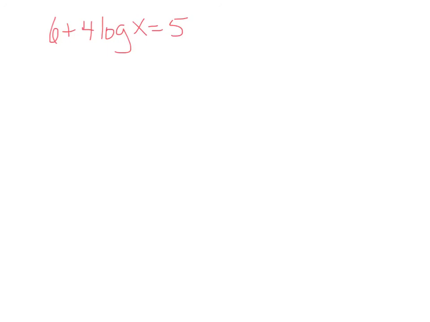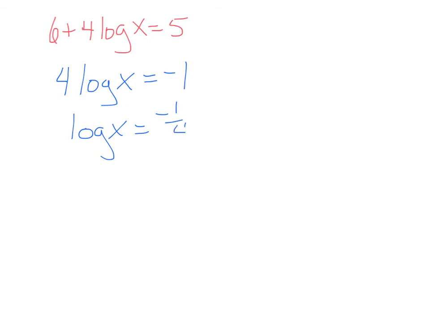So I'm going to subtract 6 from both sides and have 4 times the log of x equaling -1. And now, I'm going to divide by 4 and have log of x equaling -1/4.